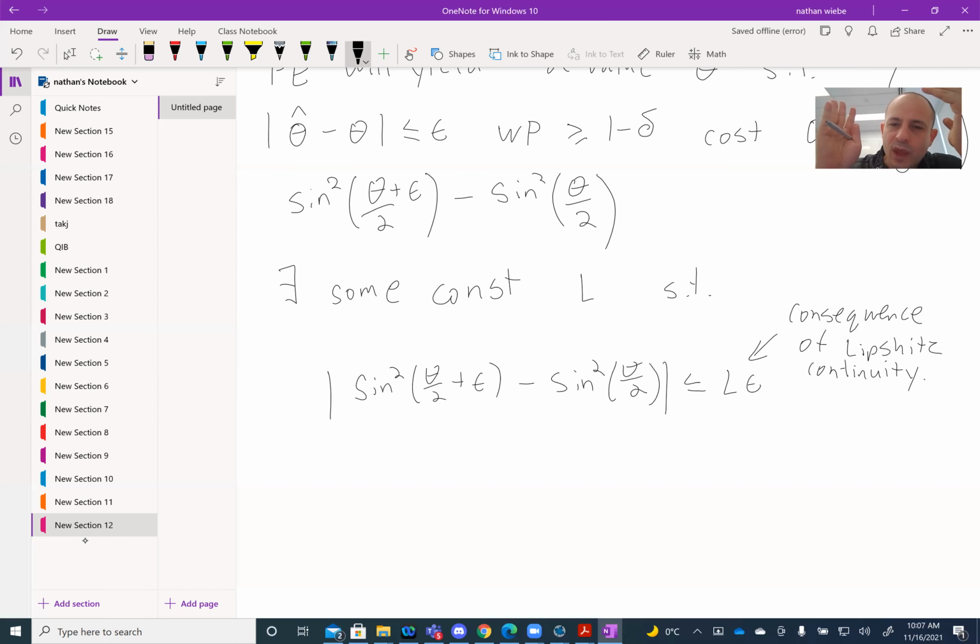So if we're just interested in the big O scaling, what this says is that the worst case scenario with this particular function is that the error in our approximation is going to be some constant factor worse. But big O doesn't care about constants.